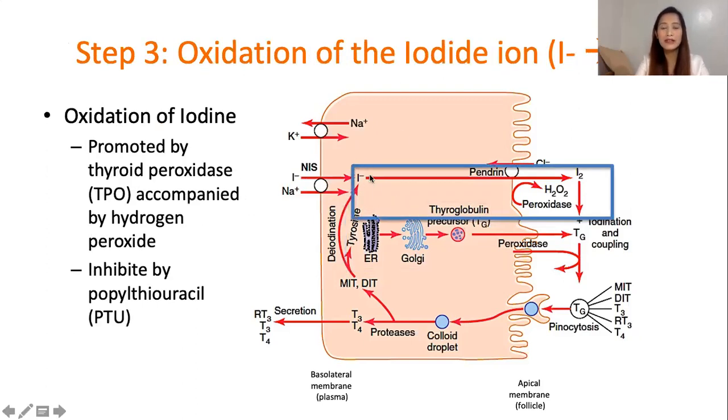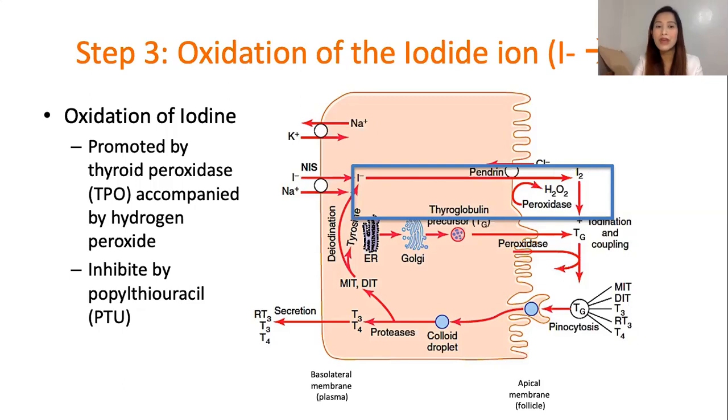So once your iodide is trapped inside the thyroid follicular cells, it enters your colloid, and this is where it is oxidized. Your iodide is oxidized into iodine, and this is promoted by your thyroid peroxidase enzyme, or your TPO.